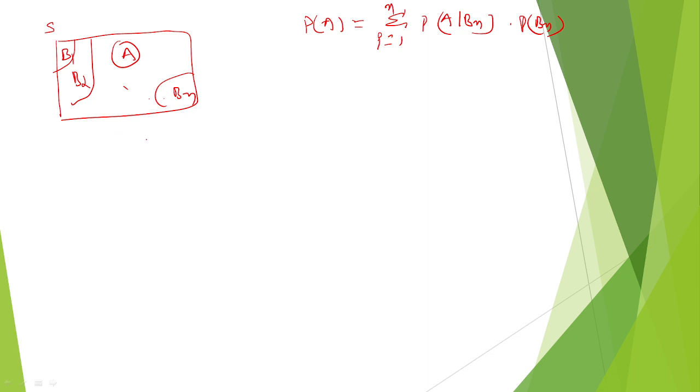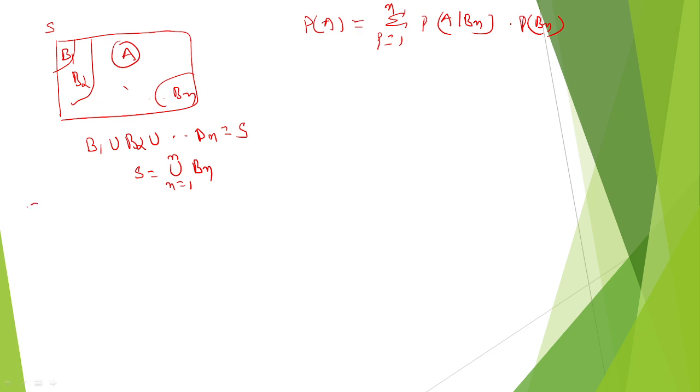Coming to the proof, B1, B2 are mutually exclusive events, which means we can write B1 union B2 union up to Bn equals the sample space S, or S equals union of i equals 1 to n of Bi.